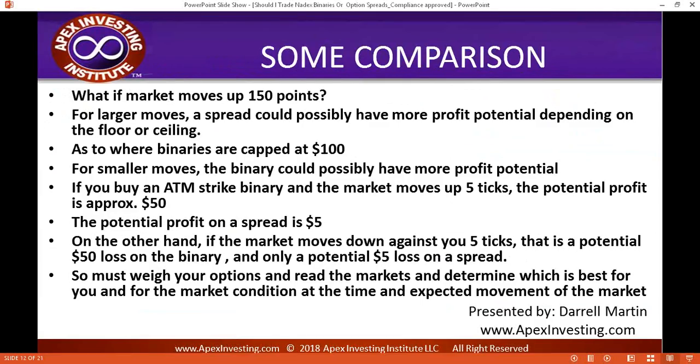What if the strategy or system I'm trading is a trend trading strategy where I'm looking to get the bigger moves of the market, and the market went up 150 points? Well, for a larger move, the spread could possibly have more profit potential, right? Depending on the floor or ceiling of the spread. But for smaller moves, the binary could possibly have more profit potential, right?